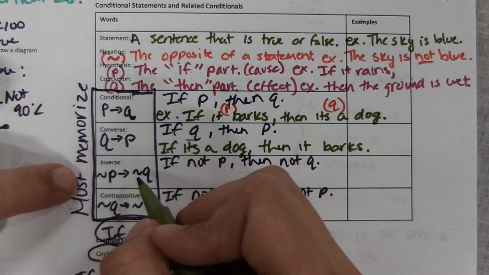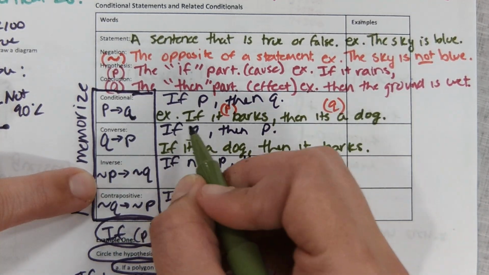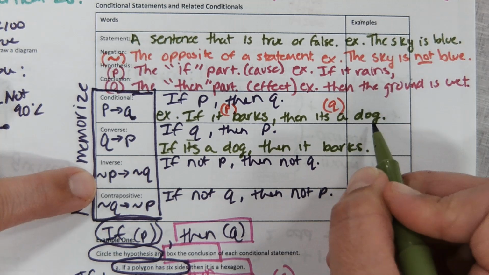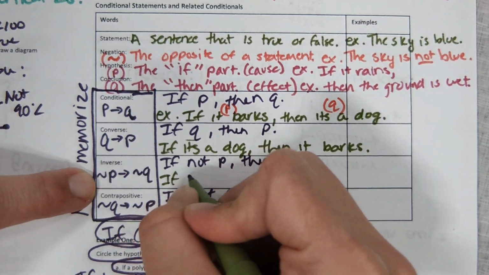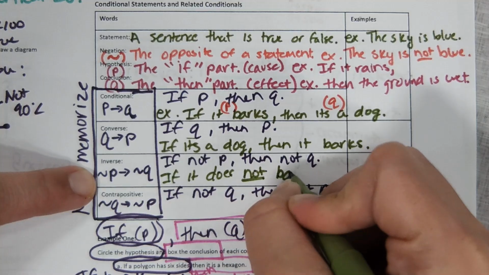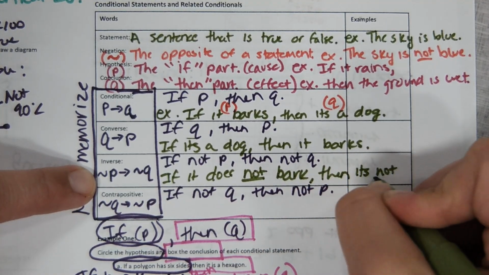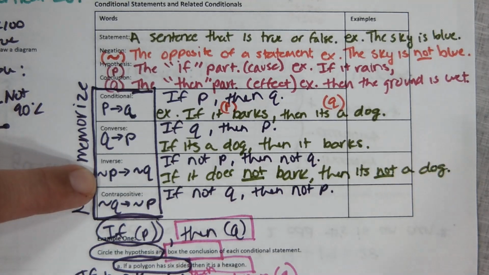Then the inverse, not P, then not Q. So I'm just going to take this statement and put if it does not bark, then it's not a dog.